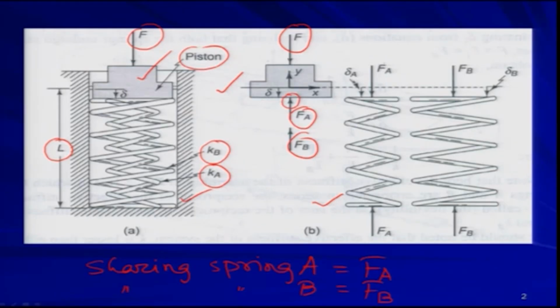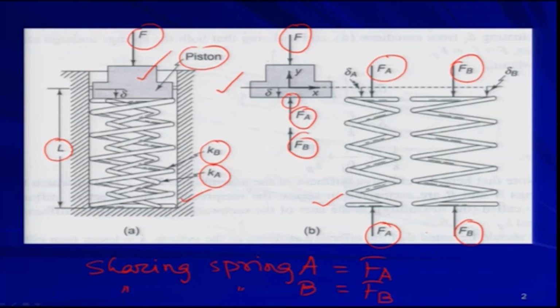Therefore, Fa will be in the downward direction at this interface, so the spring will be under compression. That is nothing but a two-force member, where you already know the forces are equal and opposite. Similarly, spring B will experience compression with the force Fb.